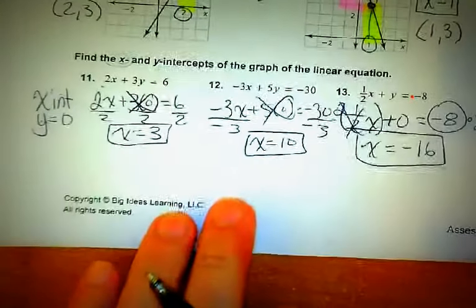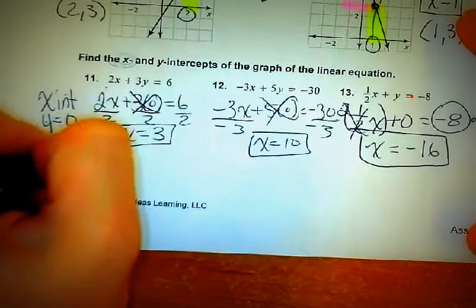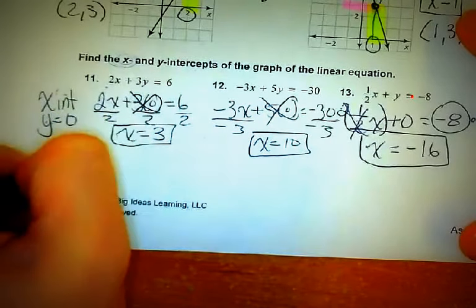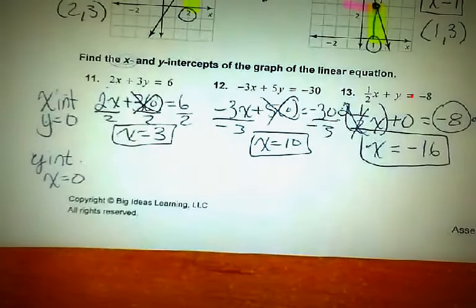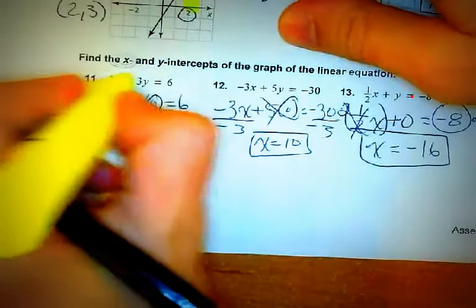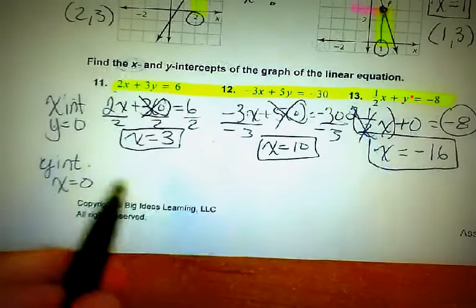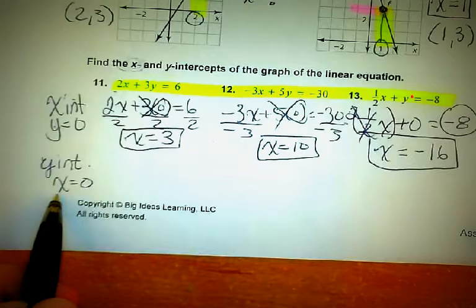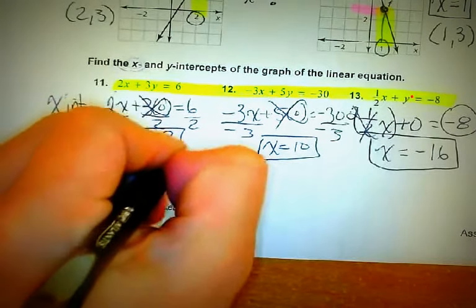All right, now let's talk about your y-intercepts. Your y-intercepts are when x equals 0. So now we get to go back to our original equation. And we're going to put in that x equals 0 this time. So 2 times 0 plus 3y is 6.